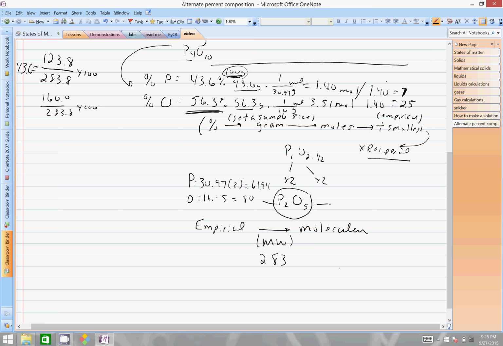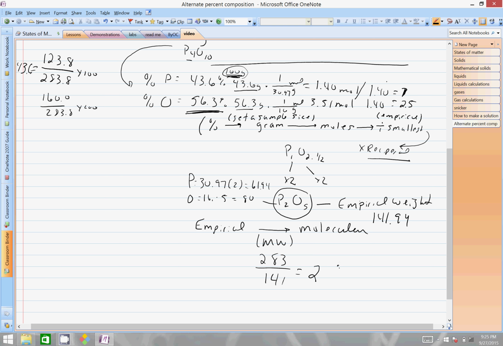So my empirical weight is 141.94. Now I would expect my actual formula to be some multiple of that, and the actual weight is 283. My smallest, simplest weight is 141, and you'll say that comes awfully close to 2.